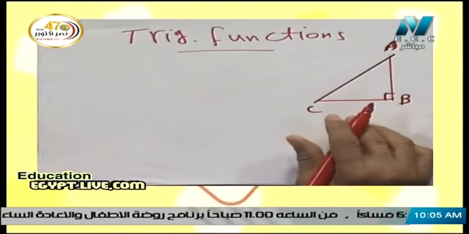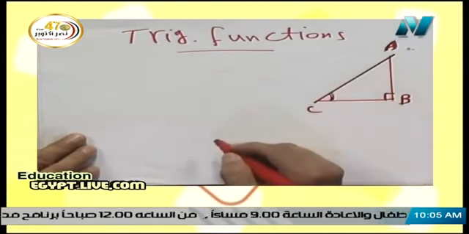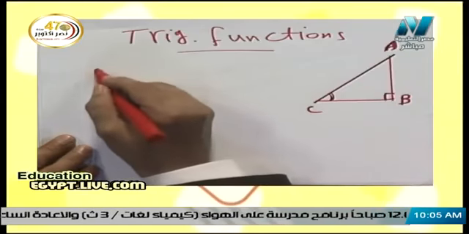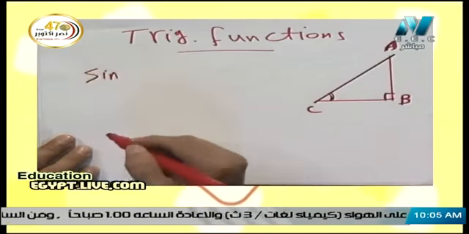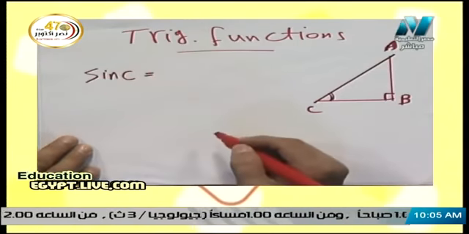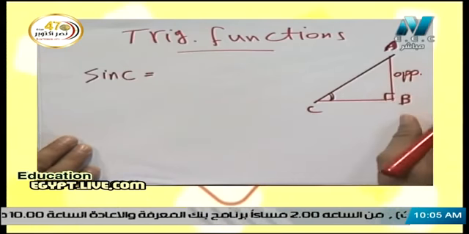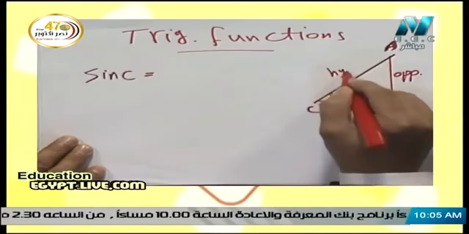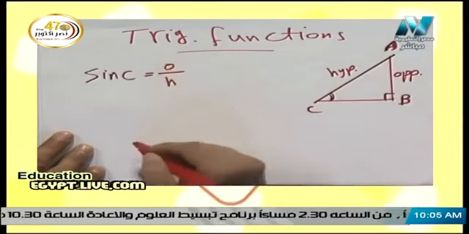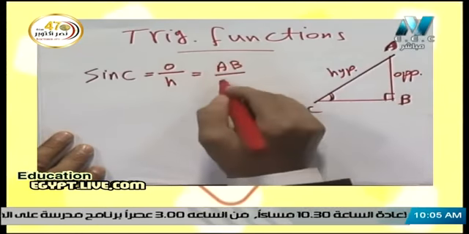From our previous studying, we know that if you are concerned with the angle C, then we study the first function, which is sine C. Sine C here is the opposite over hypotenuse, which is AB over AC.